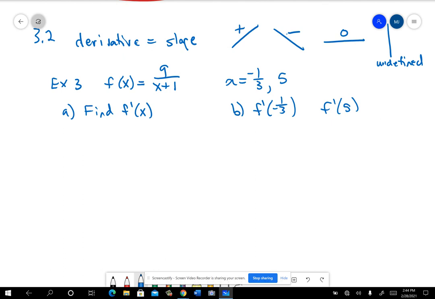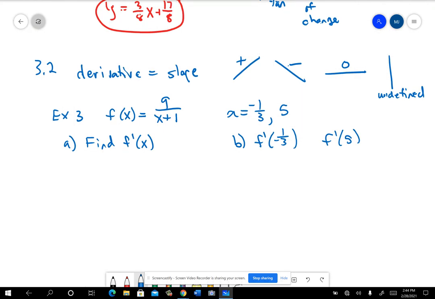And so the general formula for the derivative in 3.2, let me put that right here, was that the derivative of a function in general is the limit as h approaches 0 of f of x plus h. Rather than an a, we're not going to have a specific point to start with.